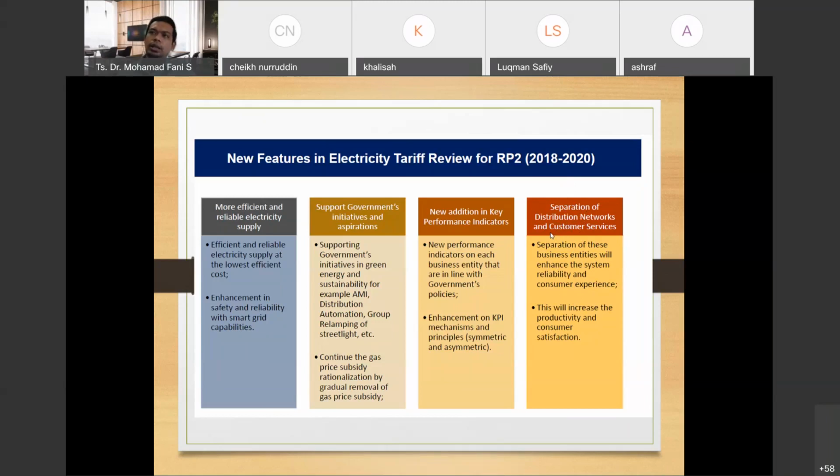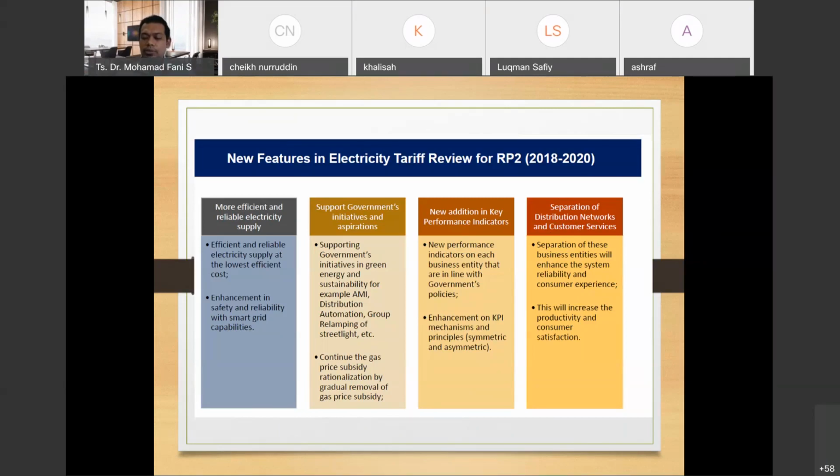They cannot be like customer service that depends on the selling of the electricity. They have their fixed operational cost, and that's why in the RP2 the distribution network has been split from the customer service, and they have their own revenue calculation to be sustained.